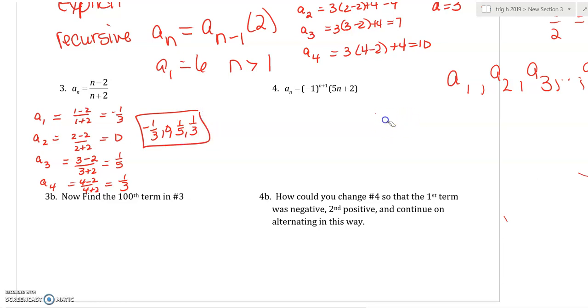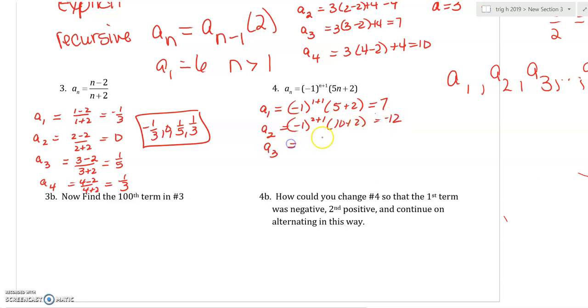For this next example, this is going to be kind of interesting. We have negative 1 to the n plus 1 power. Watch what happens. If I want to find the first term, notice it's negative 1 squared, which is a negative to an even power, so that's going to be positive. But if I let n be 2, negative 1 to the third power, 3 is an odd number, so I end up with a negative number.